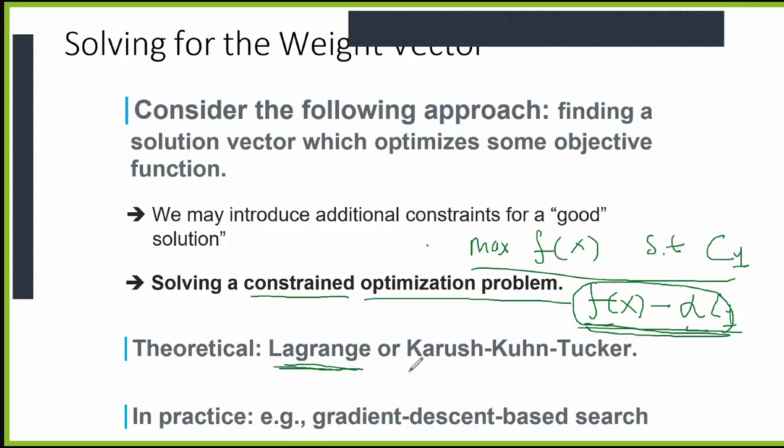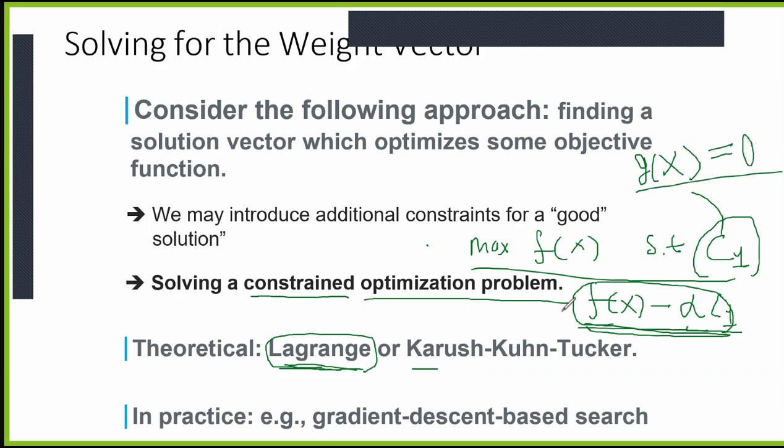But for SVM, the Lagrange multiplier is designed for equality constraints, such as one example is g of x equal to 0.